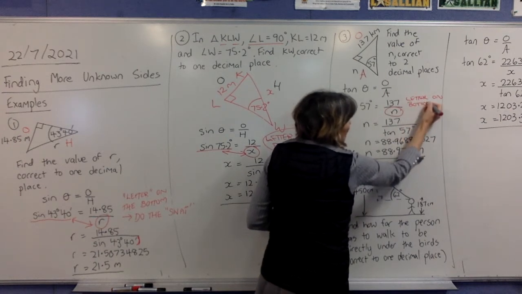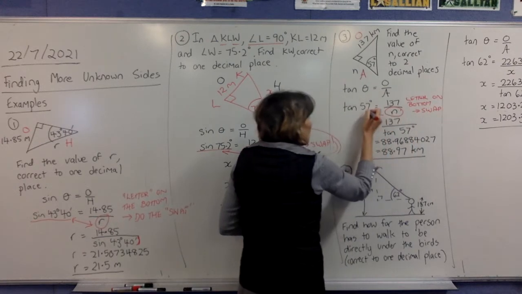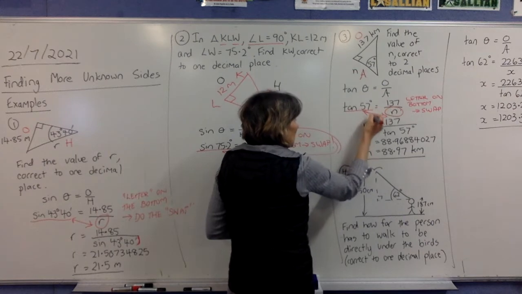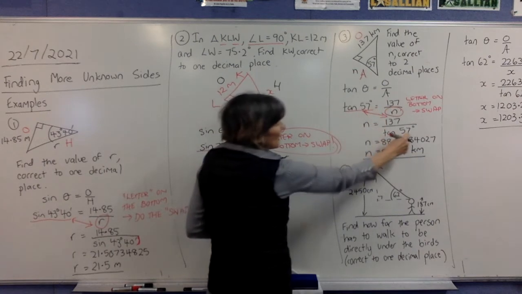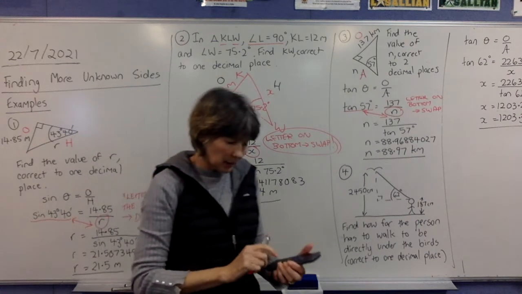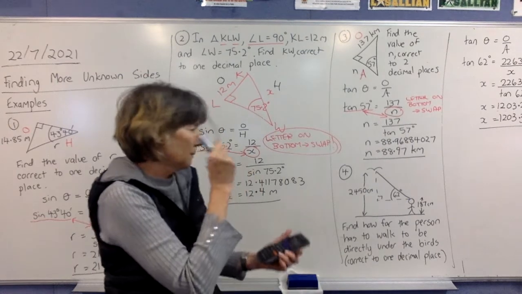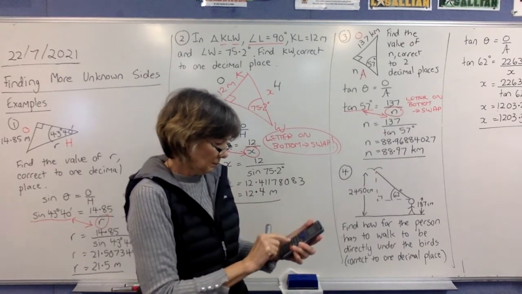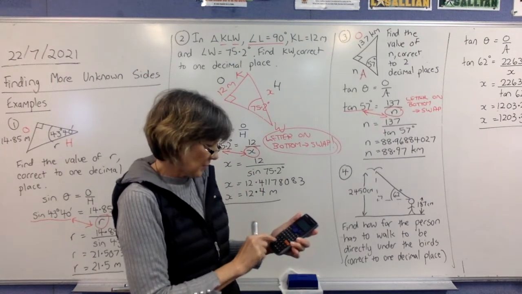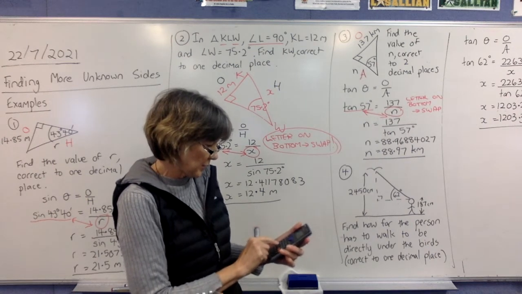So we are swapping. You're swapping with this thing here. N's now here, tan 57 degrees is down on the bottom of the fraction. Again, we're putting it in the calculator. Press your fraction key first. 137 on the top, down arrow, tan 57 degrees on the bottom.